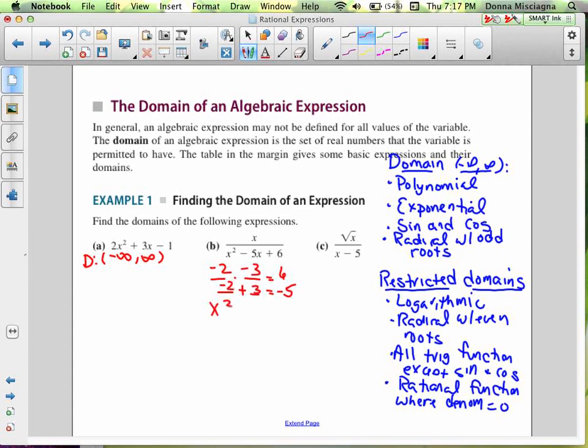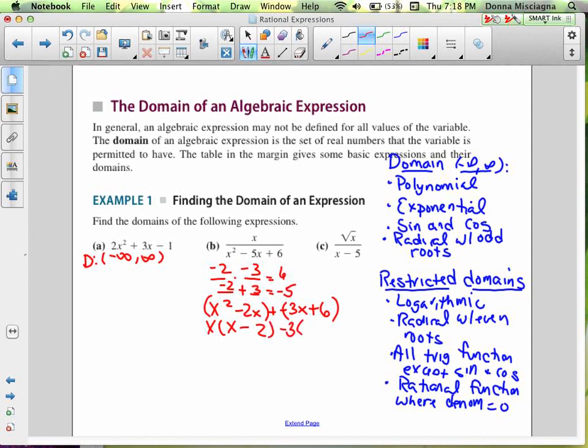So we can use factor by grouping. x squared minus 2x plus negative 3x plus 6. First two are a group, second two are a group. We can factor an x out of x squared minus 2x. x squared divided by x is x. 2x divided by x would be 2. So we have x minus 2. And we can factor out a negative 3.